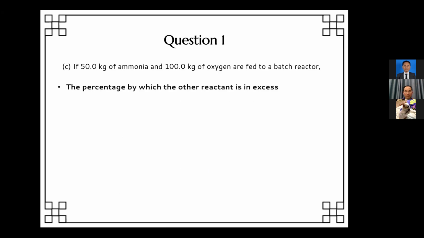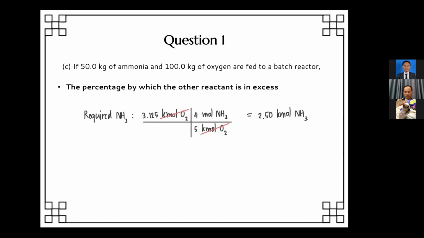And then we need to find the percentage by which the other reactant is in excess. We have to find the amount of ammonia needed to fully react all of the oxygen, then subtract this required amount from the actual amount present, and then divide the result by the required ammonia to find the percent excess.